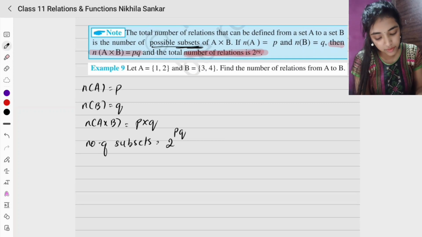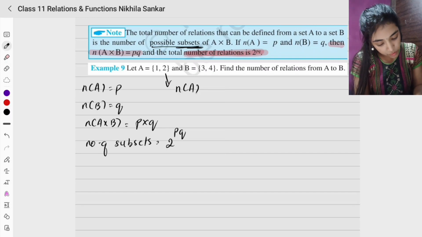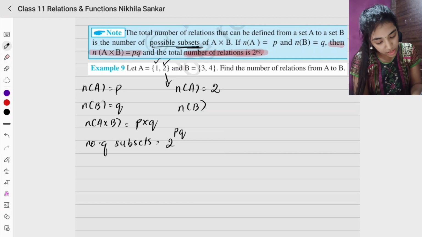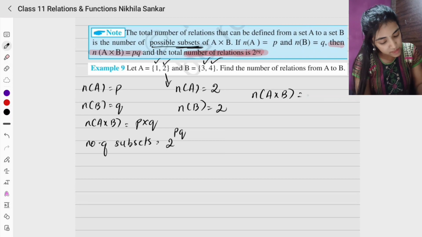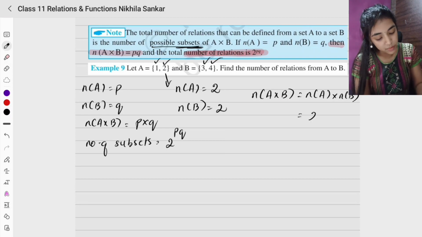Now n of A is 2, as I have 2 elements. What is n of B? That is also 2. So the number of elements in A cross B is the number of elements in A multiplied by the number of elements in B, which is 2 times 2, which is 4.